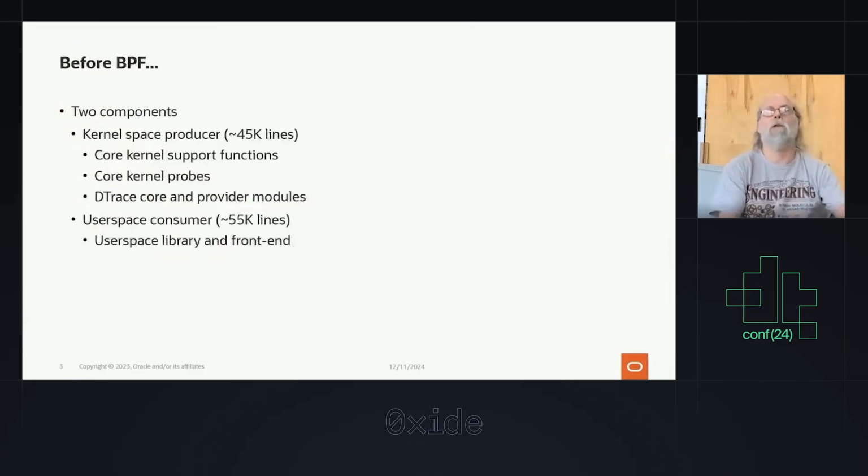Before we started working with BPF, we pretty much did dtrace the way it was done before in Solaris, where you had the kernel space producer and the user space consumer. The split was about 50-50 if you looked at lines of code, and it essentially worked the same way, with the same type of implementation. The only downfall was that we needed these kernel changes, and there was no way they were going to be upstreamed in the Linux kernel.